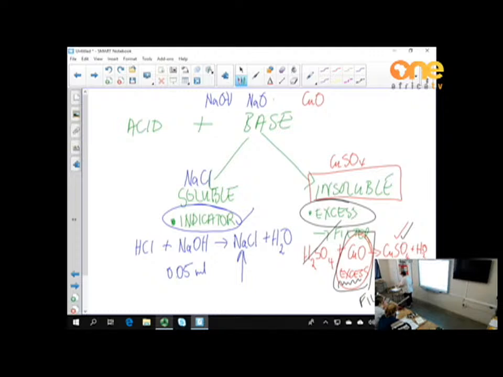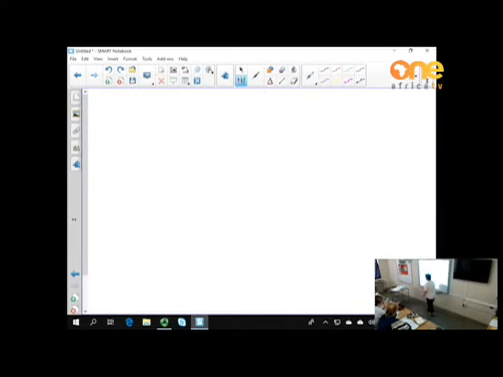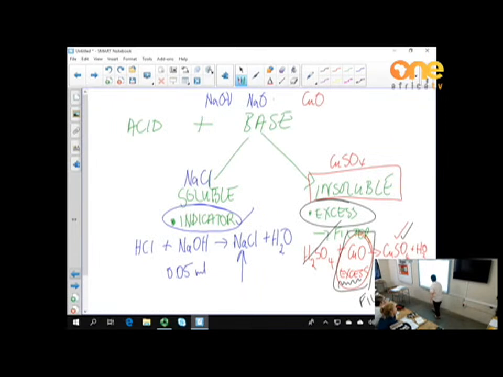The third method of making a salt is we are going to use two soluble reagents, and the salt that we are going to make is insoluble. Remember, with both of the previous examples, the salt that I've made is water soluble.